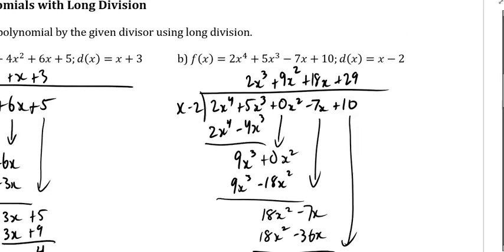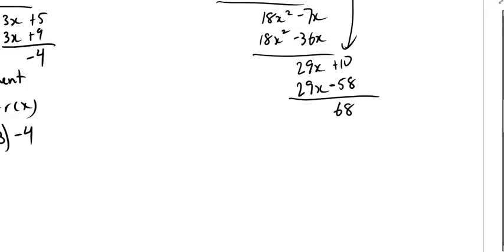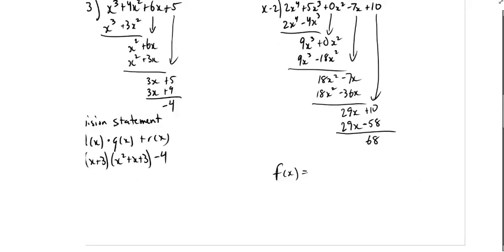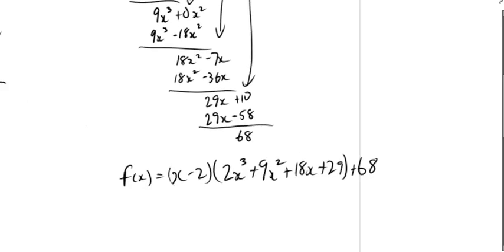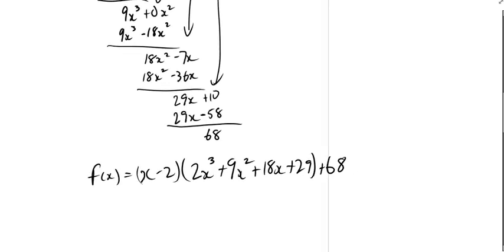Okay, so make our division statement. F(x) equals (x minus 2)(2x cubed plus 9x squared plus 18x plus 29) plus 68. And if you expanded that, you should get back the original function.